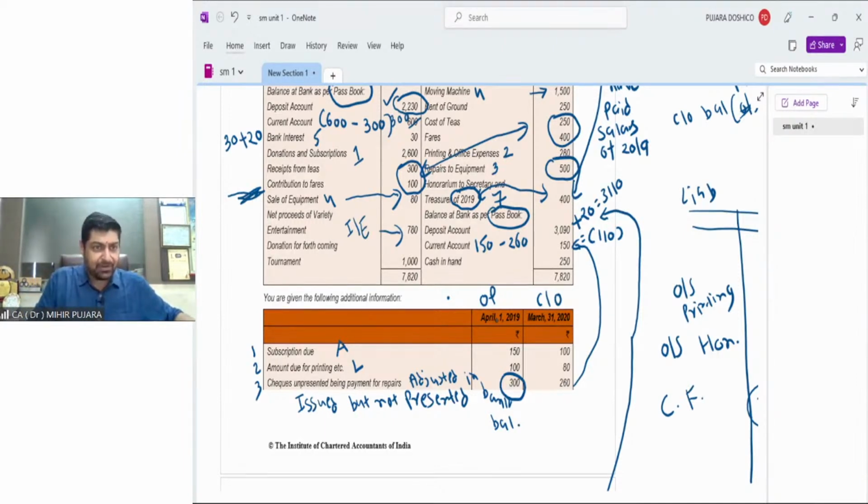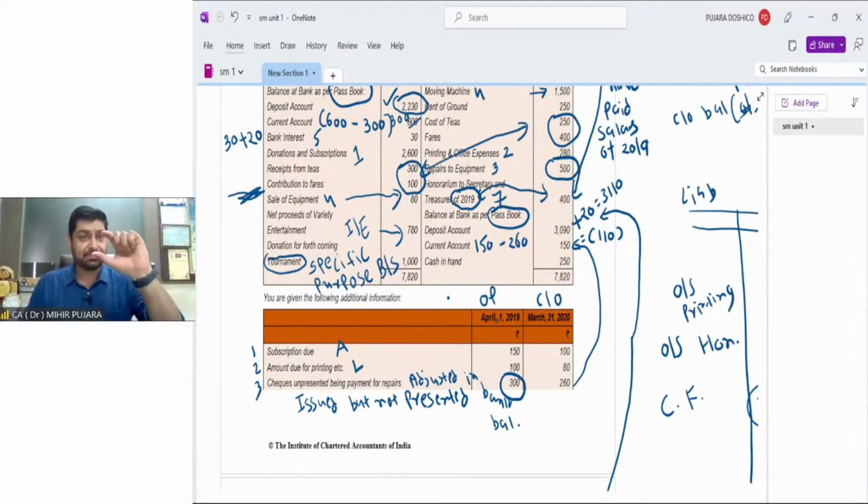Now this donation is for the balance sheet. Clear, guys? Entertainment receipts are revenue receipts, so it is part of INE. But donation for tournament is for a specific purpose, so it is part of the balance sheet.